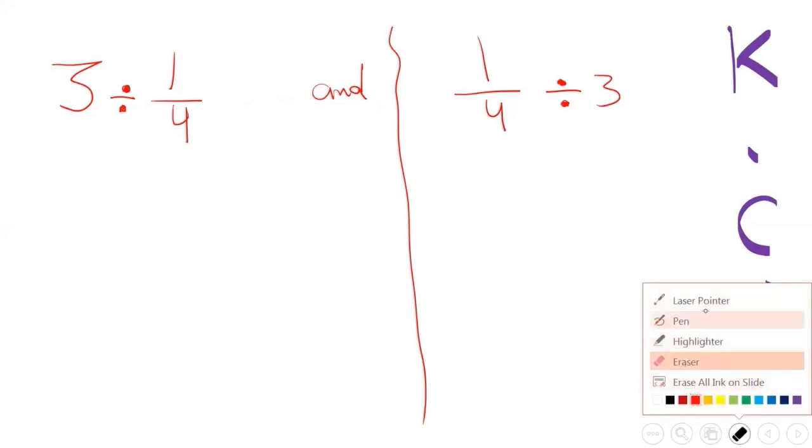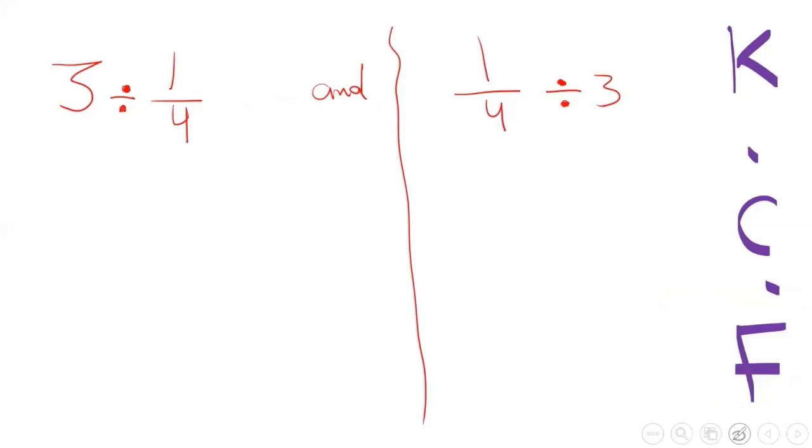Okay, let's apply the KCF method in those questions and start your solution. K means keep, so you will keep this one as it is, 3. Change the sign from division to multiplication and change or flip the fraction, up down, down up. Flip the fraction means to write the down up and the up down.